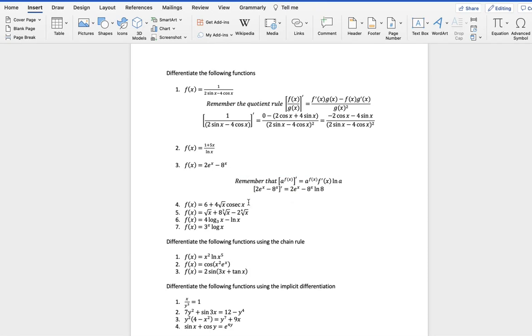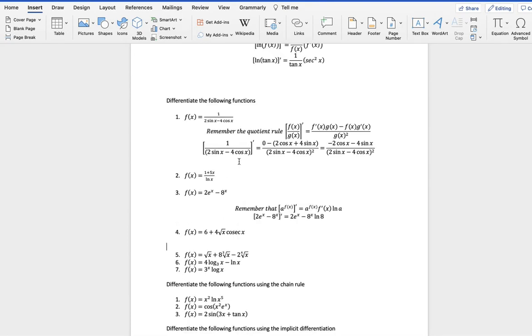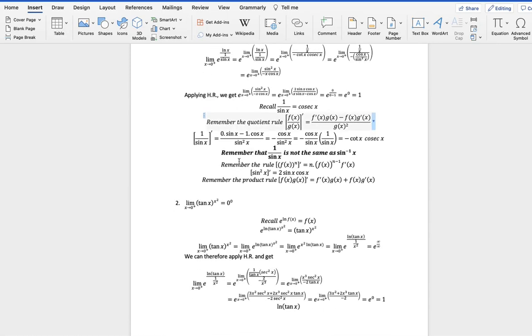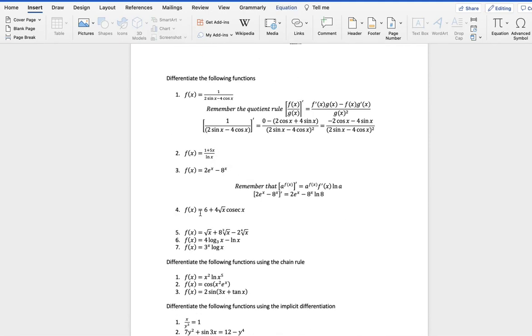Okay, so now let's look at question 4, where we'll be using the product rule. So let's go back to our product rule here. Let's copy it and then bring it down here.